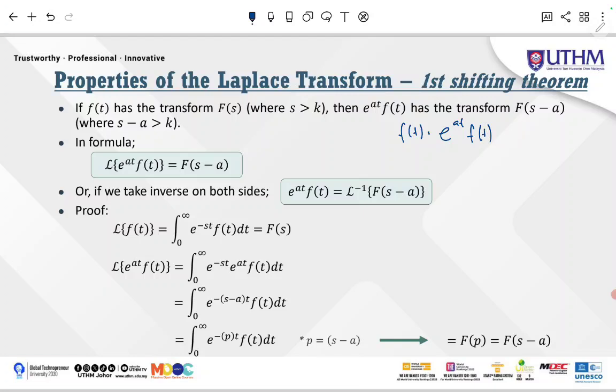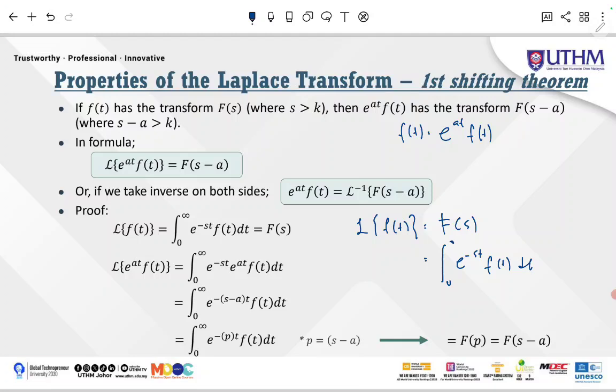From the definition of the Laplace transform, the Laplace of f(t) is equal to F(s), which is the integration of e to the power of minus st f(t) dt from 0 to infinity.